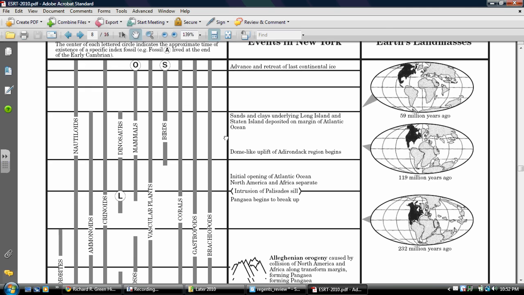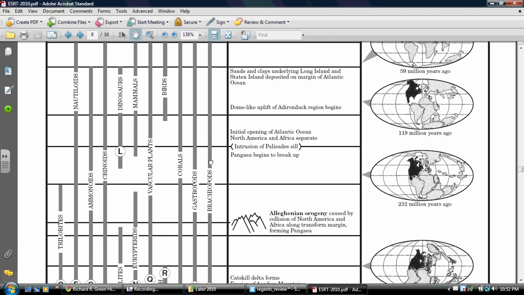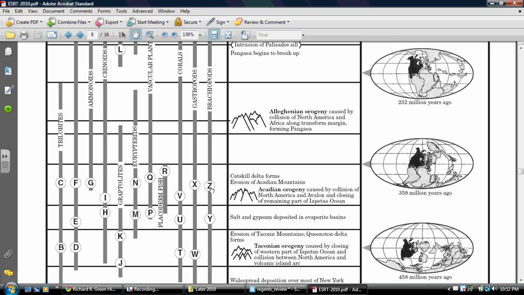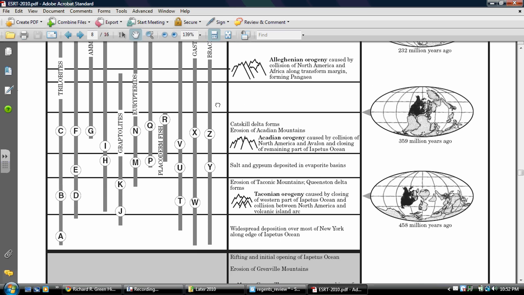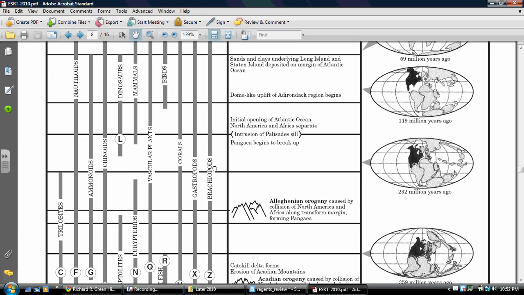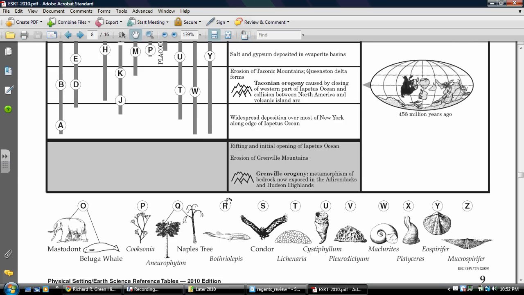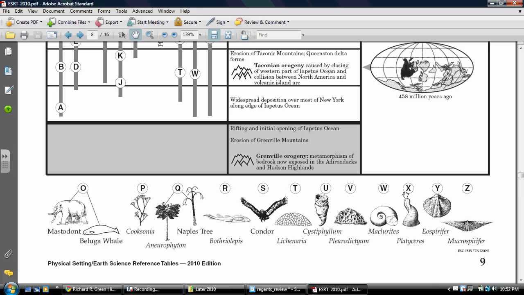Okay, so now let's look at brachiopods over here, and we see that we've got letters Z and Y on the brachiopod branch. If we look up letters Z and Y for what kind of species seem to be represented by them, these look like clam shells or something of that nature, correct?